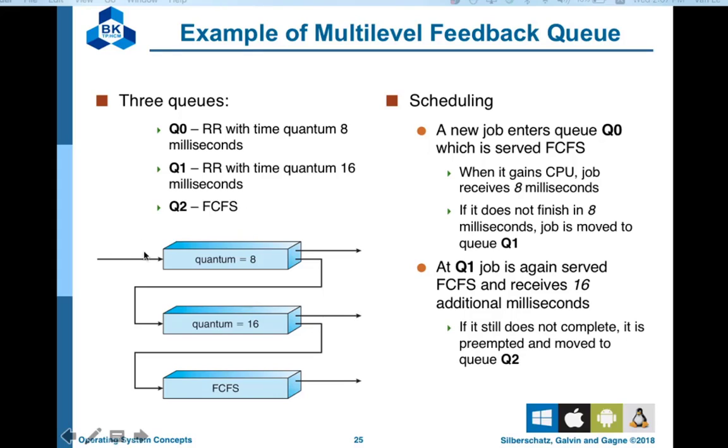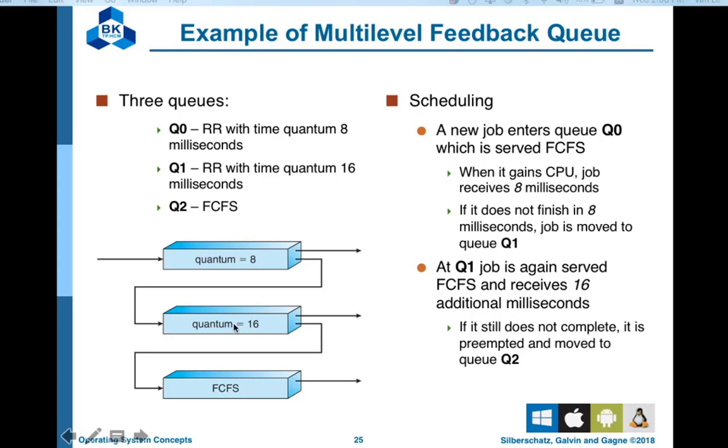So when one process enters our system, it will enter Q0 first, and it will execute here for 8 milliseconds. After that, if the process is not yet finished, the process will be moved to the next queue, Q1, and execute here for 16 milliseconds.